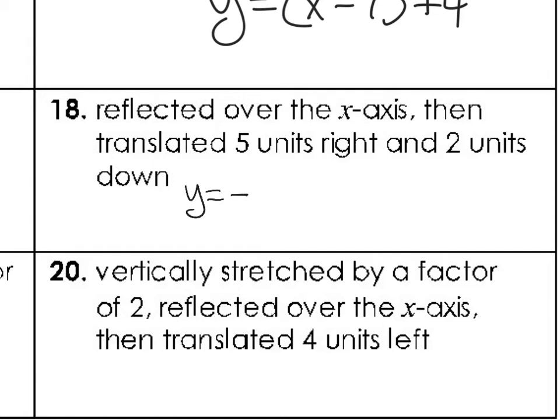It says then it translated 5 units to the right, so that's plus 5, right? And then it went 2 units down, so that's negative 2. So there's my horizontal and my vertical. So horizontal, we always put it in the parentheses as the opposite. And then the vertical stays like it is.